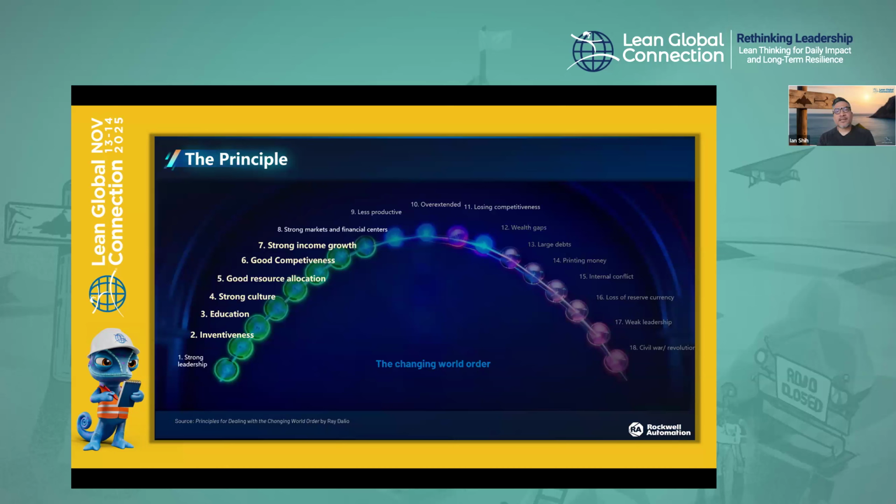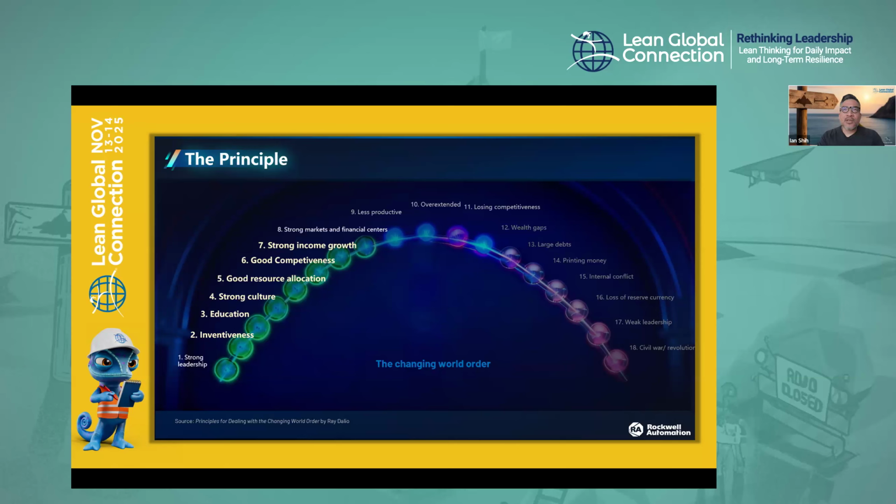And we have another 3 minutes left, so I want to spend a couple of minutes on the last three slides. One is, many of you probably have read Ray Dalio's The Principle. It's really talking about the changing world order. It's a cycle. It goes up and down. But now, how can we continue focusing on the ones that are on the rise to drive all those elements, from innovation to education to stronger culture and so on?